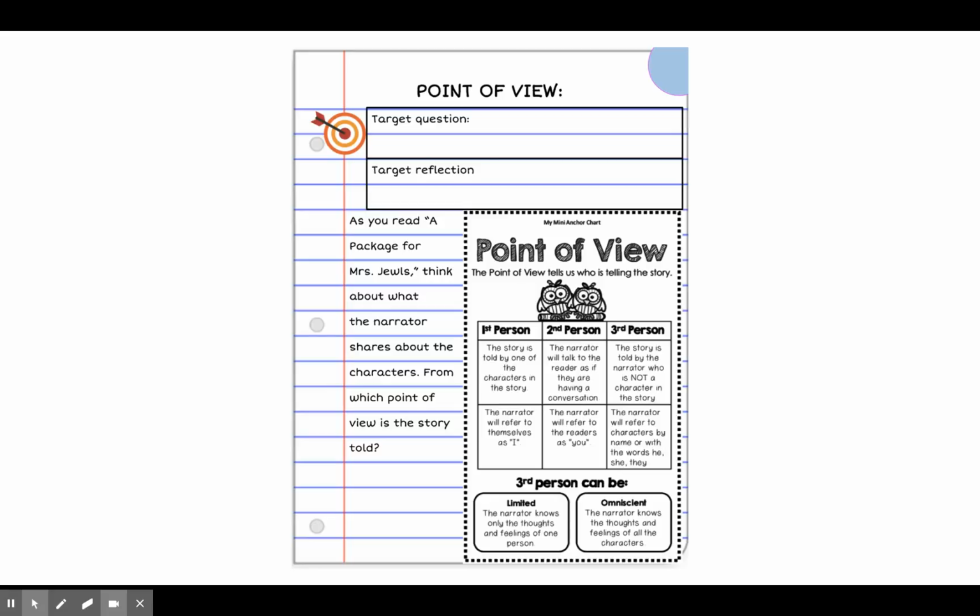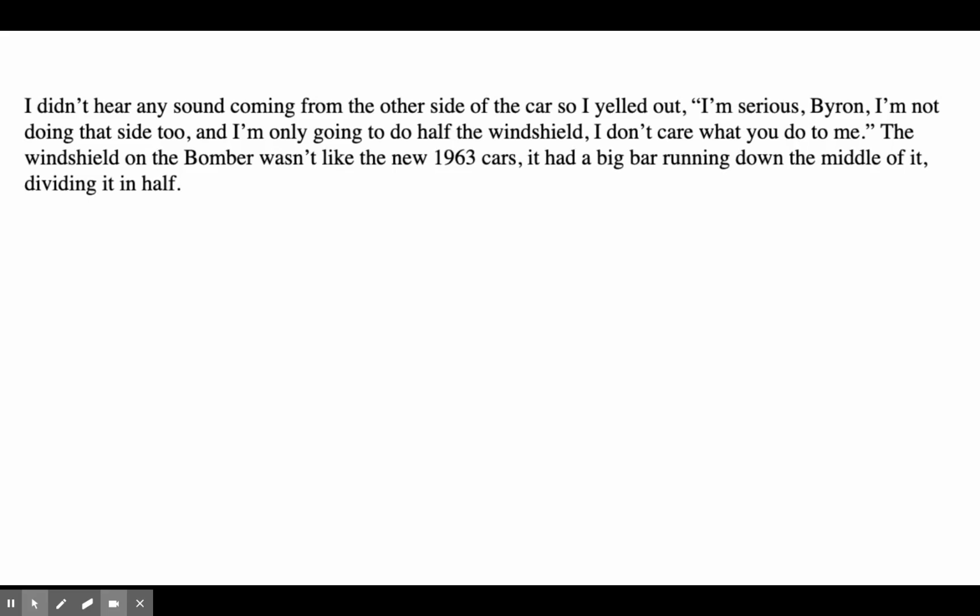So your job is going to be to figure out the point of view of our story, A Package for Miss Jules. So let's see if we can figure out some other things. Let's come to this page. Here is an excerpt from a story. The book is called The Watsons Go to Birmingham, 1963, and it's an amazing book. I highly recommend it.